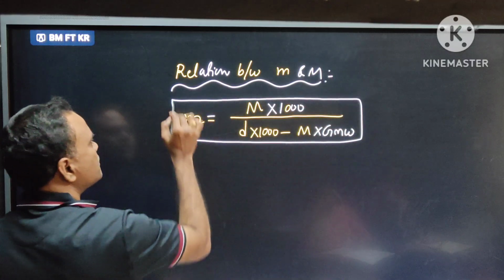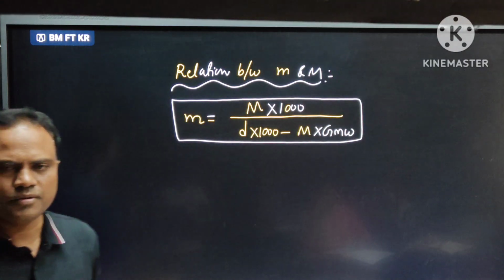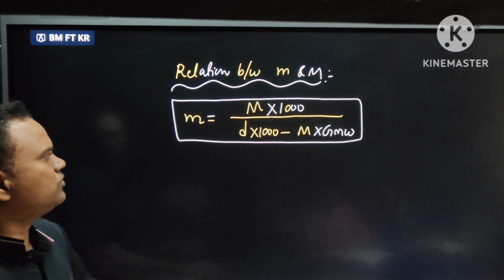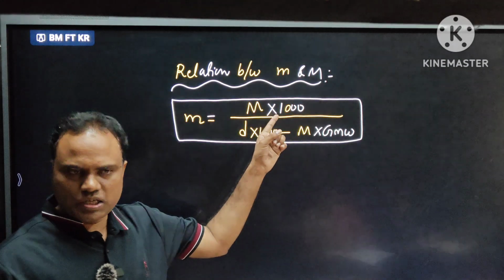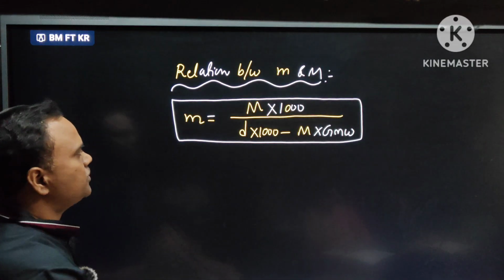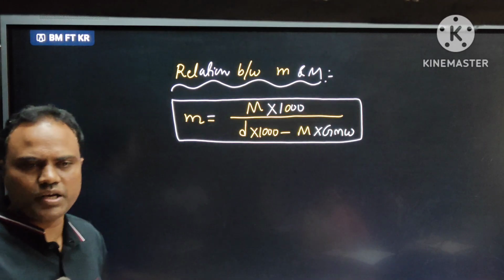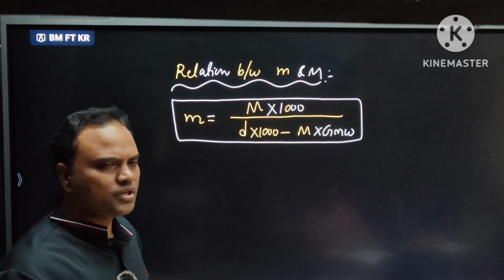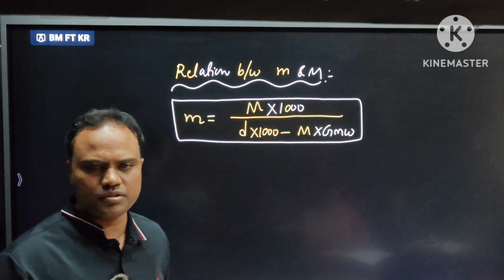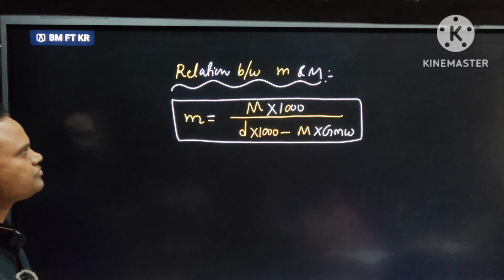Sometimes you will get direct questions in NEET based on the formula. If you know density and molarity, you can find molality. Capital M is molarity, D stands for density, GMW is gram molecular weight.